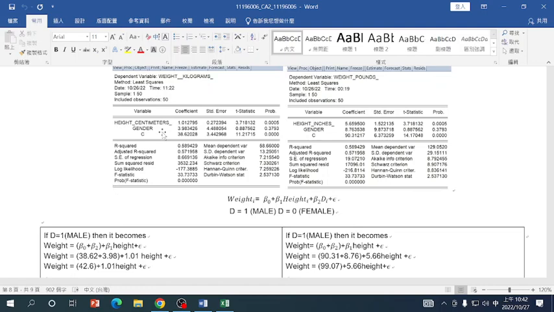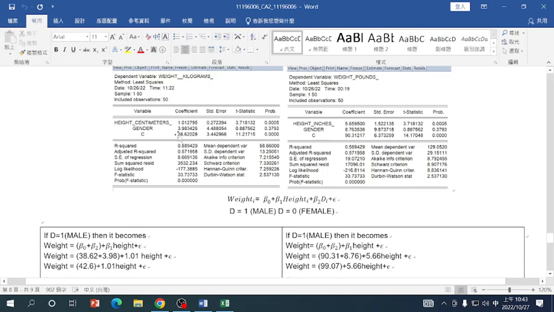Okay, say it again for these two coefficients, the cm and gender. You have to explain both, the 1.01 and 3.98. So when there's a 1 cm increase, there will be a 1.01 kg increase, and when the... holding the gender variable as a constant.